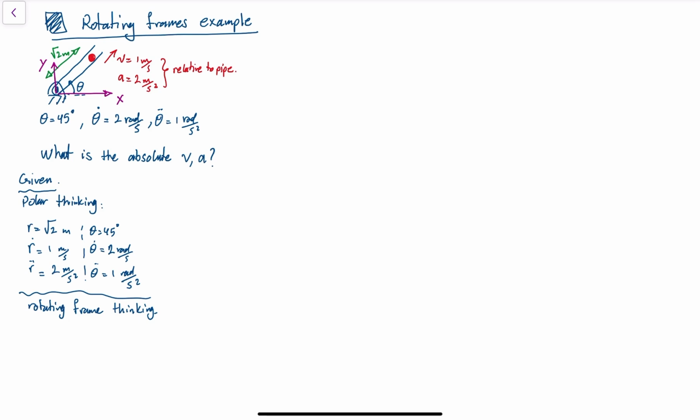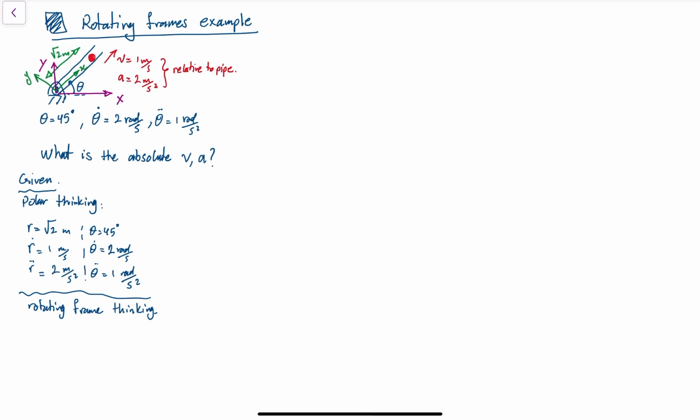For the rotating frame, I need to pick a frame that makes the most sense. And for us, the one that is best suited for this problem is the one where one of the axes always tracks the location of the ball, the other one perpendicular to it.